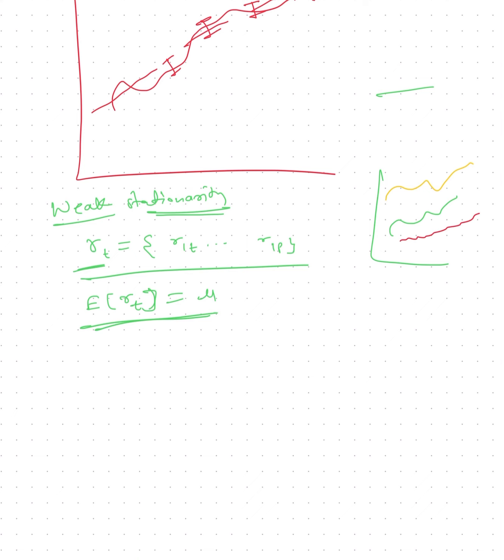When I say that the mean at a point is constant, I mean the mean at this point and the mean at this point are the same, so it is constant across time. You can generally interpret this as the trend taking place in a dynamic order, so all the time series are moving around the mean of each other.